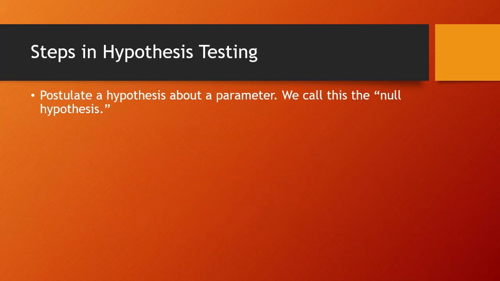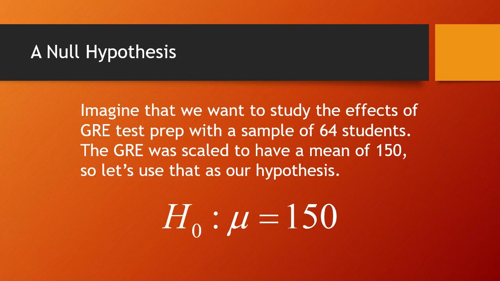When we conduct a hypothesis test, there is a very distinct series of steps that we must go through. We're going to talk about those steps now, starting with the first one, to postulate a hypothesis about a parameter. We call this the null hypothesis. Imagine that we want to study the effects of GRE test prep with a sample of 64 students.